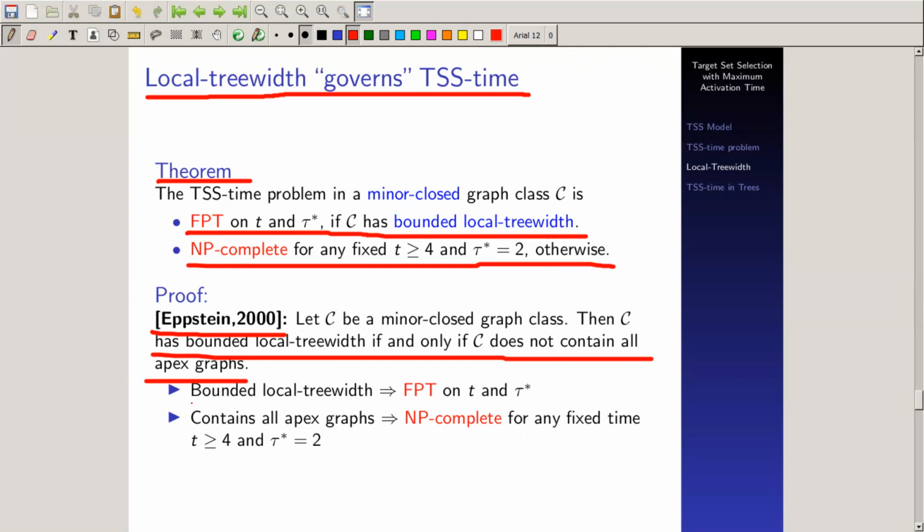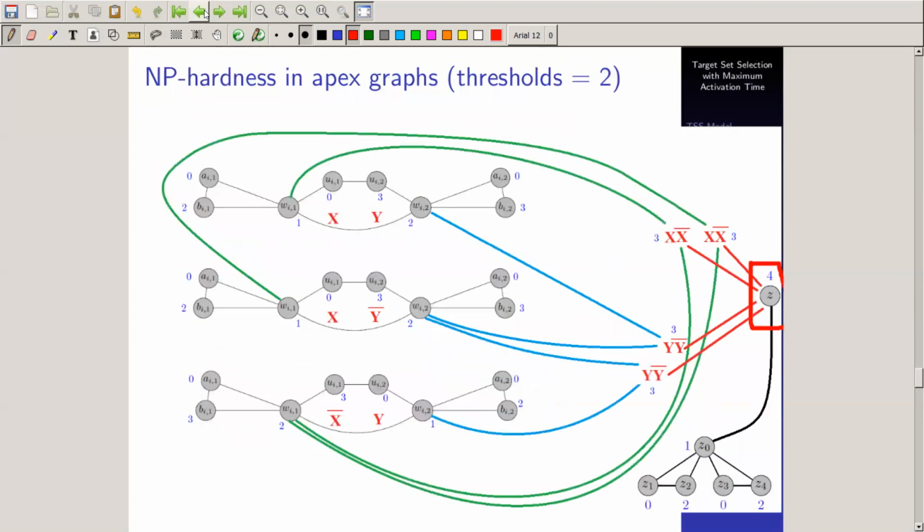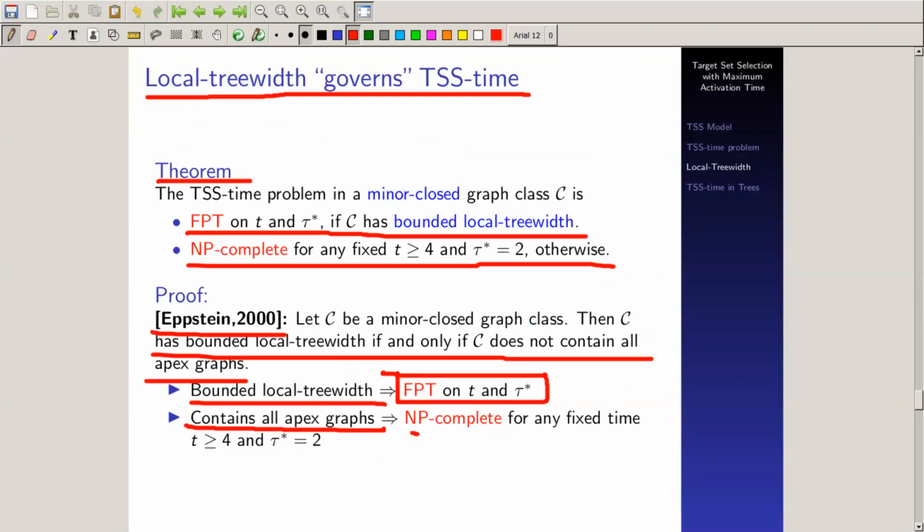If the graph class has bounded local treewidth, then we saw that the TSS time problem is FPT on T and tau star. Otherwise, it contains all apex graphs, and we saw that it is NP-complete for any fixed time T at least 4 and tau star equal to 2. Okay, this is our dichotomy.